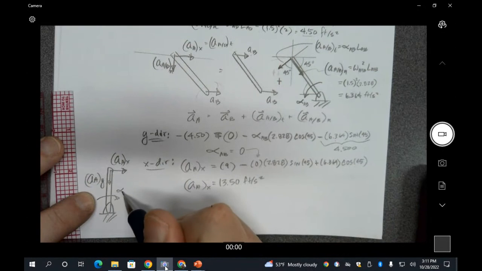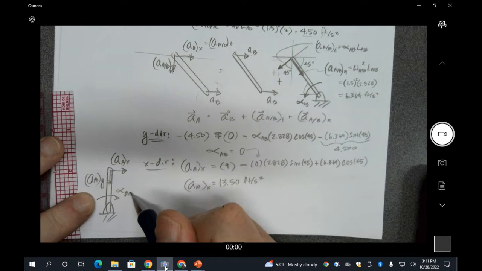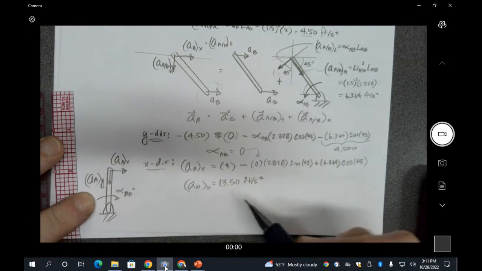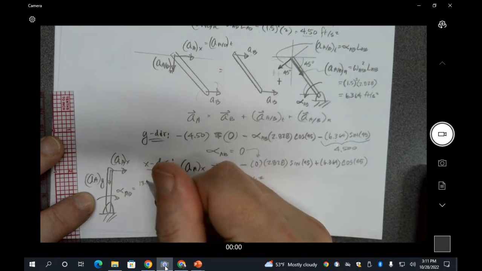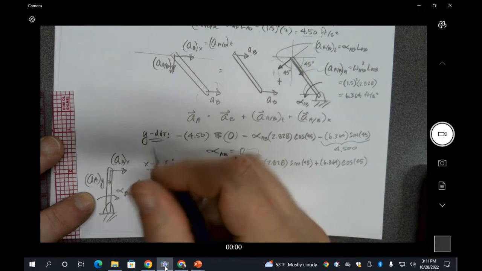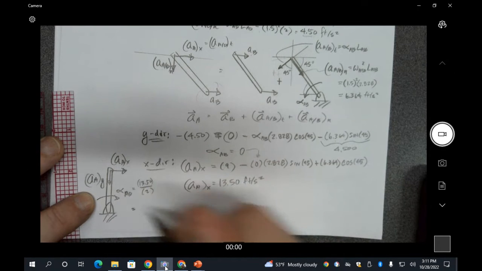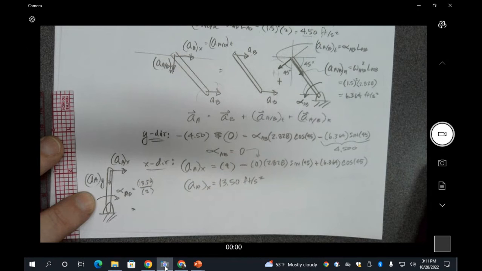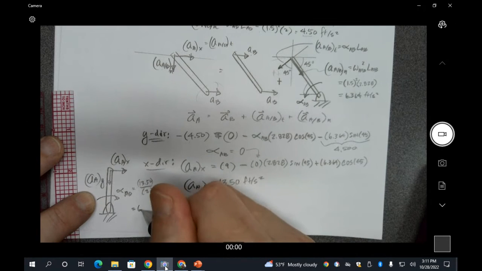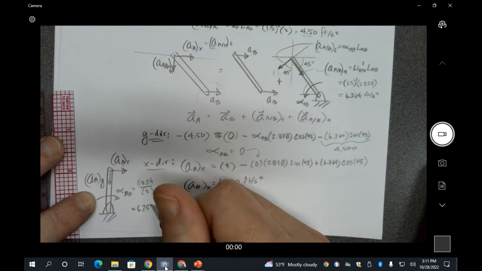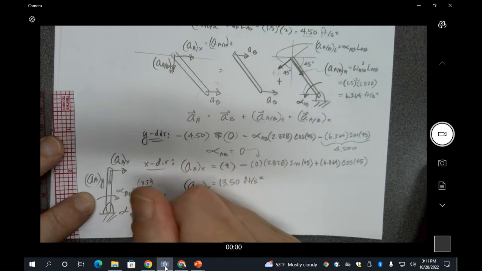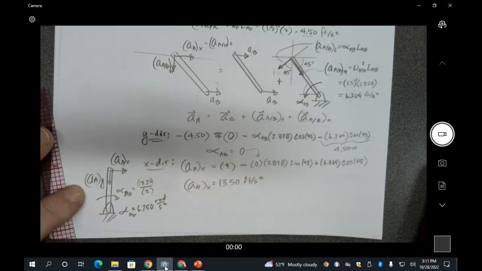So we could find what the alpha AD is going to be. That's just going to be the 13.5 divided by 2. So 6.750 radians per second squared if we were looking for alpha AD, but we're not.